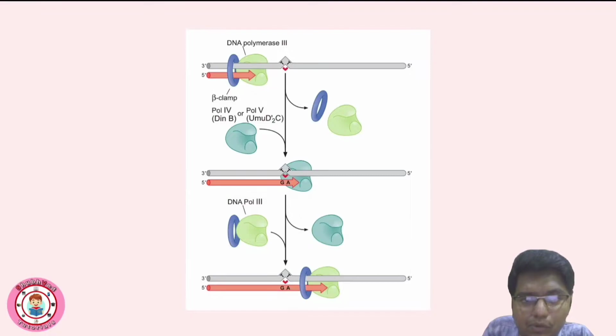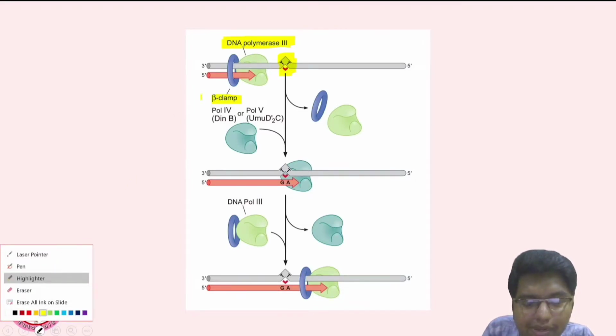Now this is in prokaryotes. In prokaryotes, we know DNA polymerase III is the main polymerase important for replication. This is a beta clamp. Now here is a damage or lesion. What happens? The main polymerase is released. We say the polymerase stalls and replication stops here.